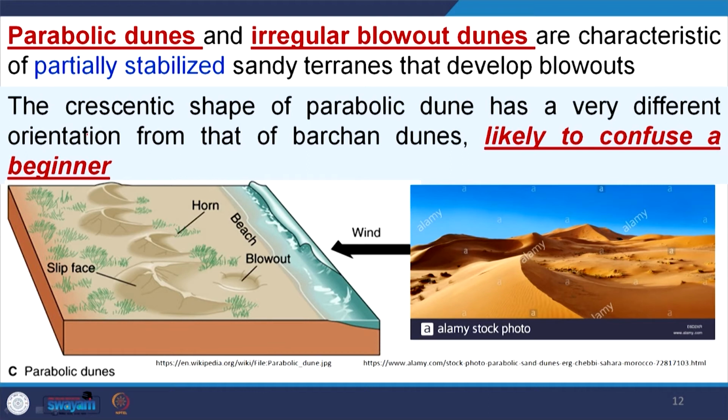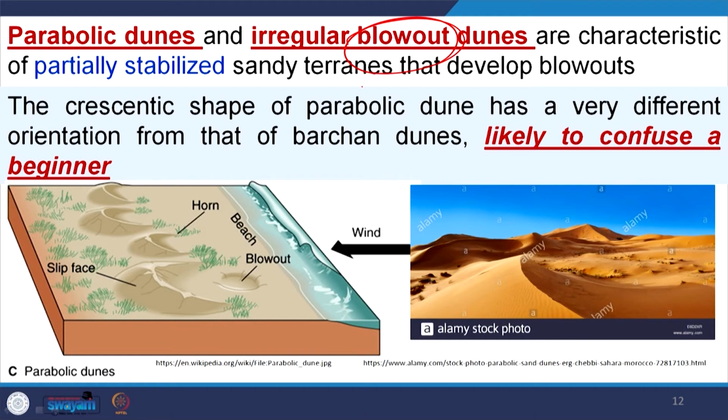And this parabolic dune is another example where some vegetal material and some obstacles are resisting the sand from moving completely and forming a parabolic dune. And the irregular blowout dune has to be noticed here.